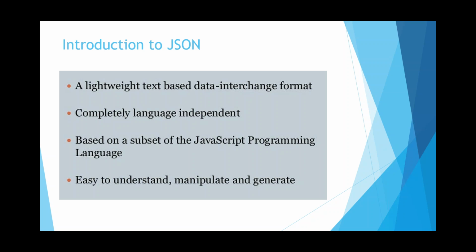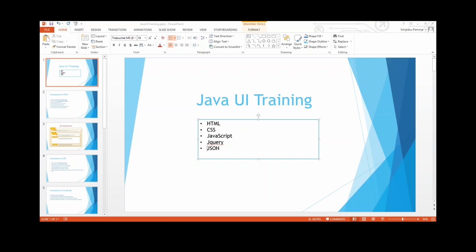JSON is very lightweight and easy to understand. It is a key value pair. That's why all the modern technologies are using this JSON format of data. What the data is we will see, but these are the topics I am discussing for this course.